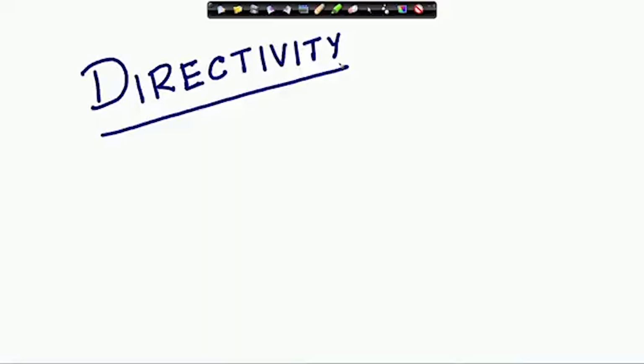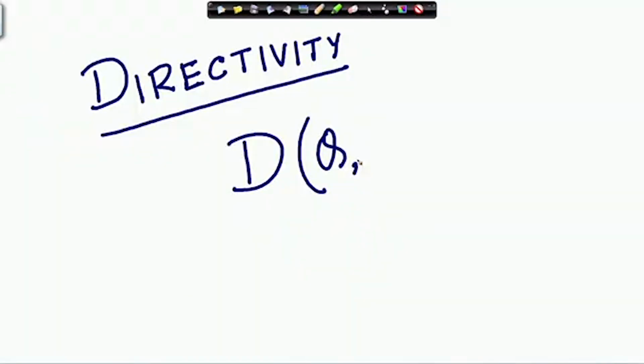The variation of the intensity with direction in space is described by directivity. Obviously, this directivity D should be a function of the angular coordinates, theta and phi.